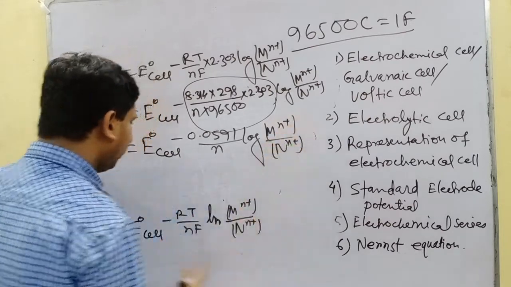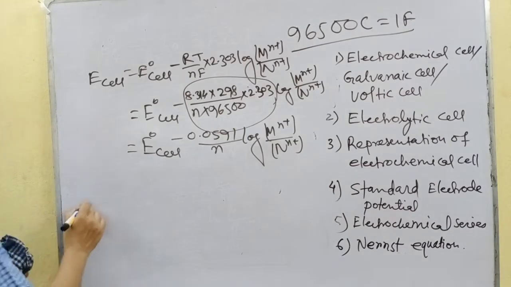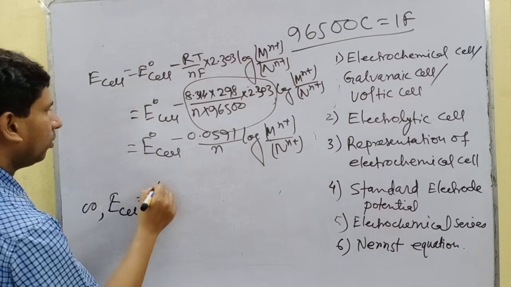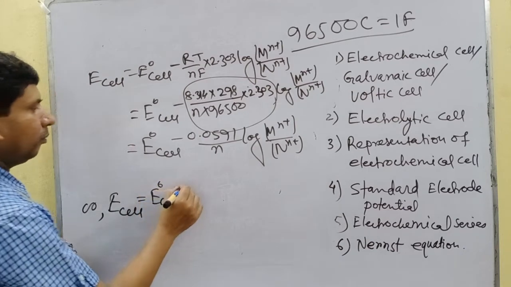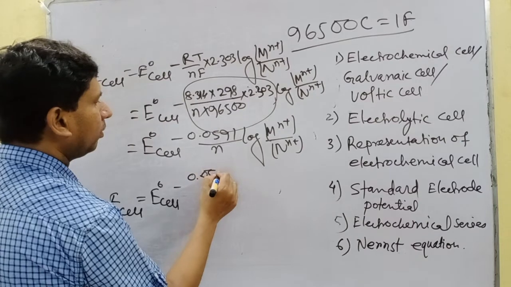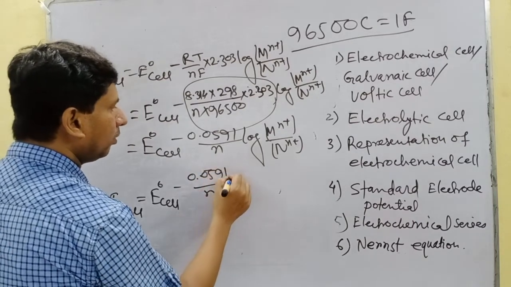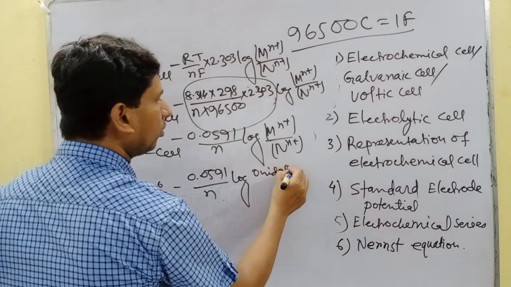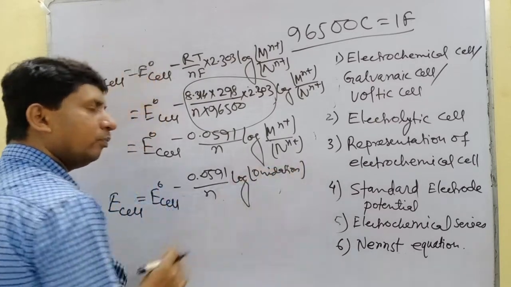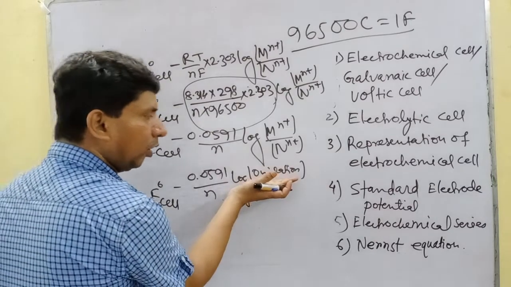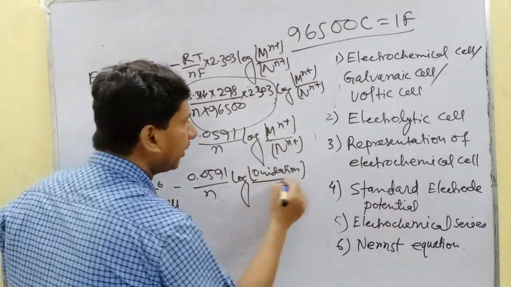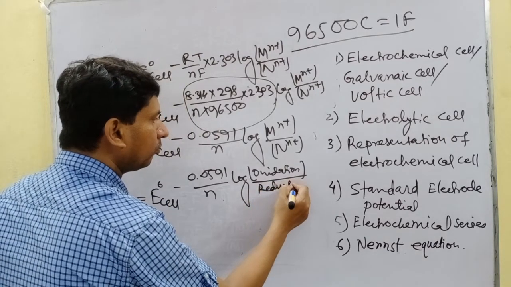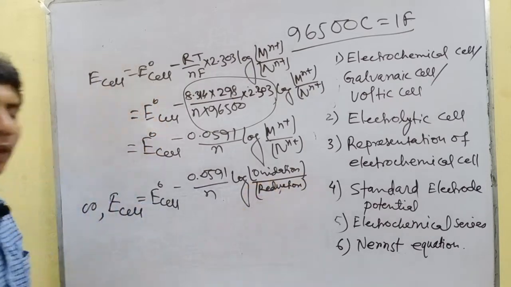Okay, or E cell equals E0 cell minus 0.0591 by n log of the concentration of the oxidized form divided by the concentration of the reduced form.